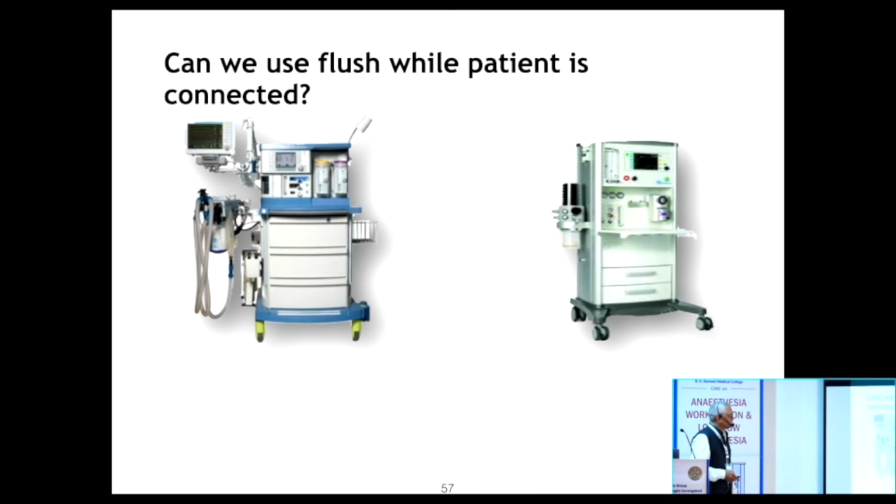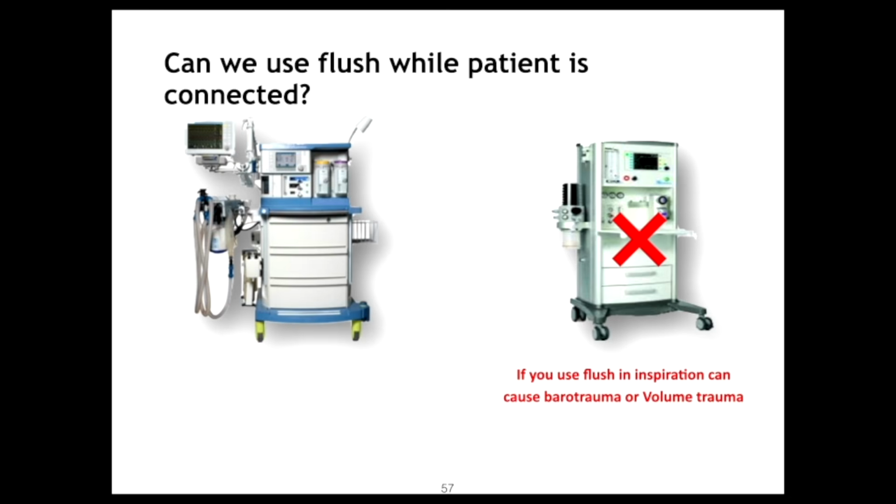So, absolutely no if you are using a bellows driven machine. Absolutely no to flush. Even with piston, it is not causing direct harm in terms of barotrauma or volume trauma, but it can still dilute your anesthetic agent, which you have built up with a lot of effort and time, with a lot of time constants, and now you are just diluting everything.